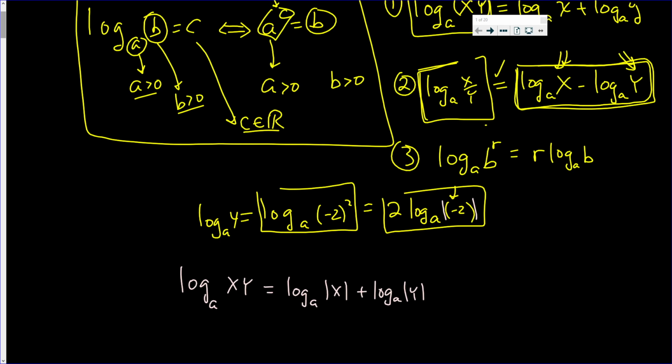Now, remember this has to be positive, so either x and y are both positive or they're both negative. Well, if they're both positive, then the absolute value of x is just x, and the absolute value of y is just y. That is, you don't even need the absolute values. But they can both be negative.